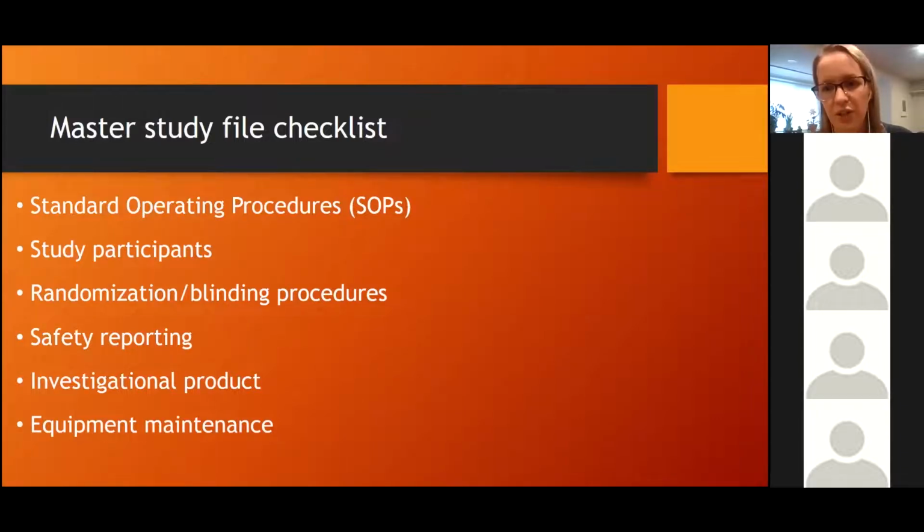Really just consider which pieces of equipment are measuring the most important data points that are contributing to your study. Just because there's a fridge in the room doesn't mean you have to keep the temperature log for that fridge. But if it is holding your study investigational drug product, let's say, then that's something you need to consider when you're looking at equipment.